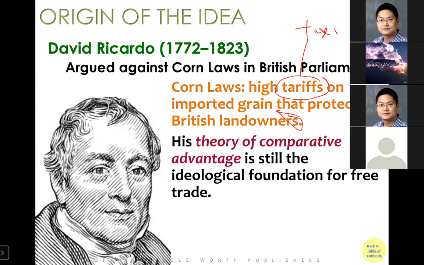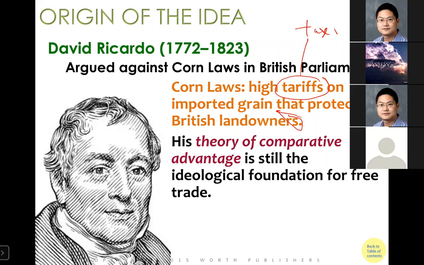But then David Ricardo argued against this corn law, and he had a theory of comparative advantage, and he believed this high tariff was going to hurt the society, or hurt the British economy, right?